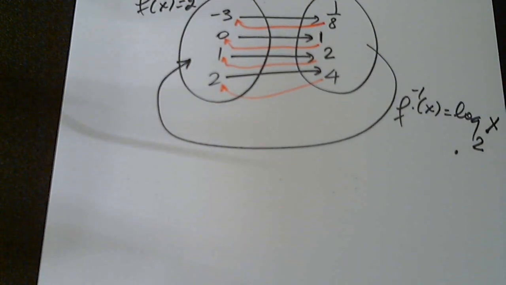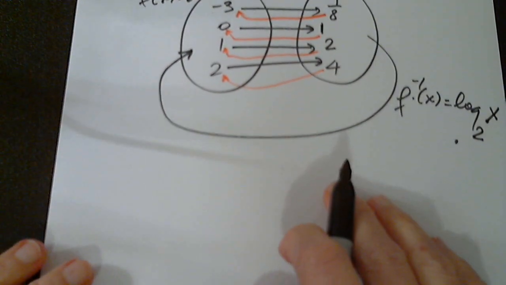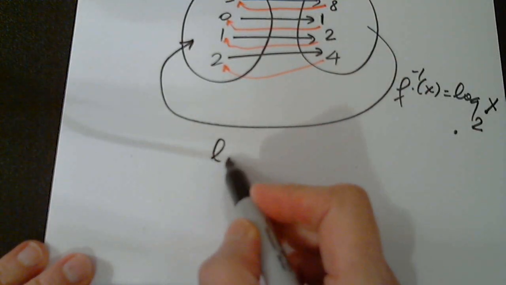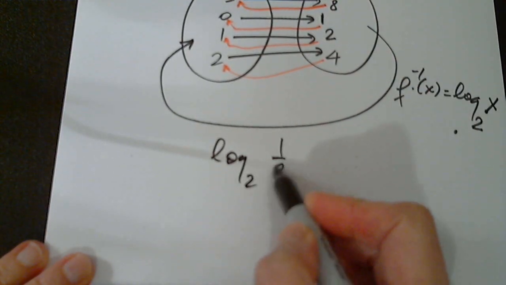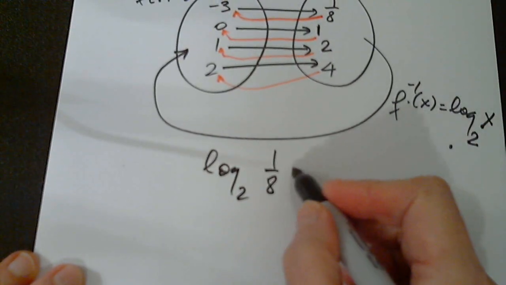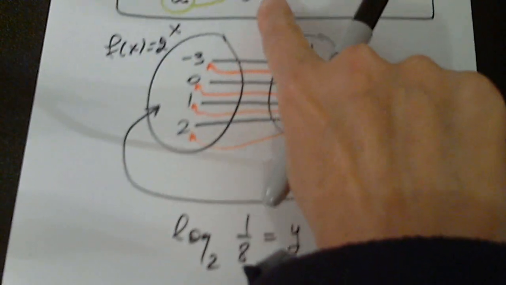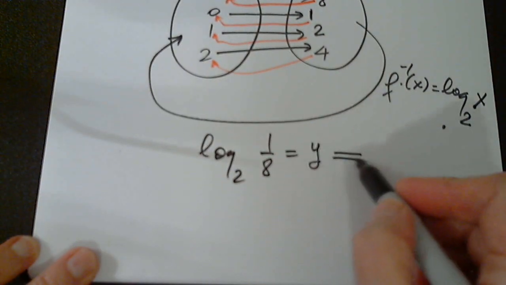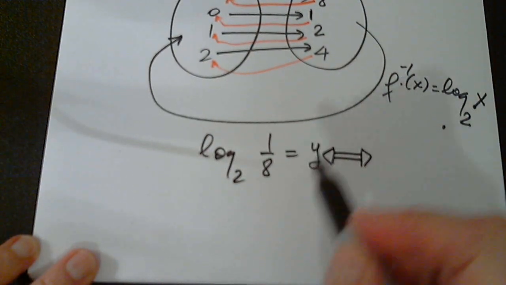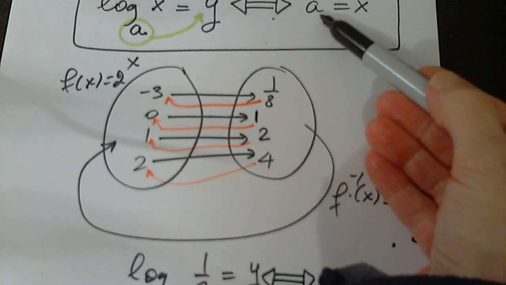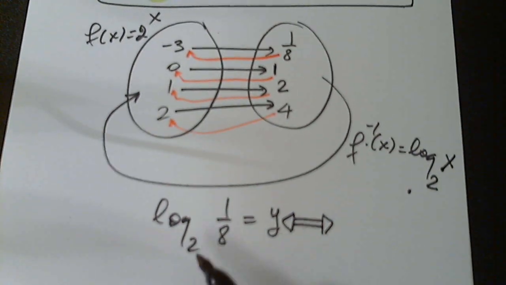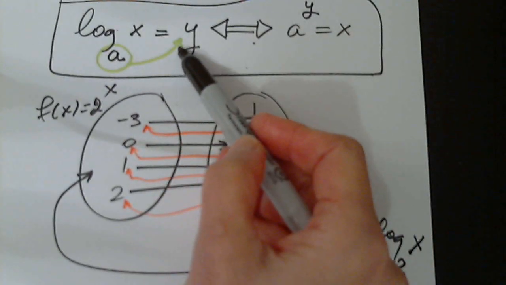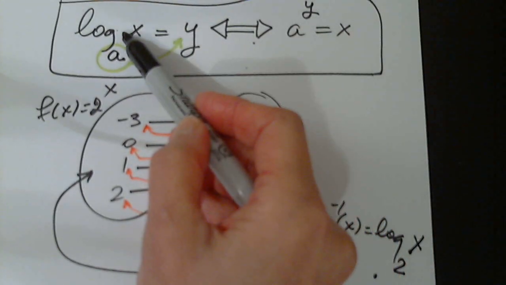Okay, so log base 2 applied to 1/8. I don't know what this is, I have no idea. But I know that this is equivalent to an exponential. How will I write the exponential? Can anyone help with the exponential? Remember, we start here, here, and x.